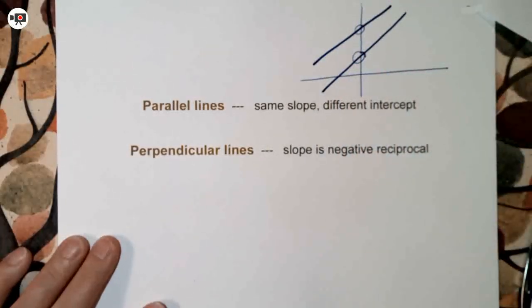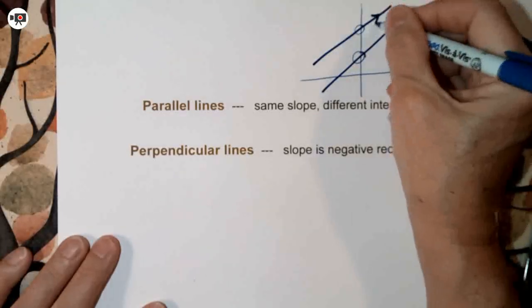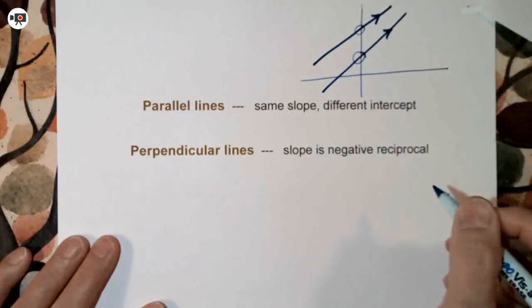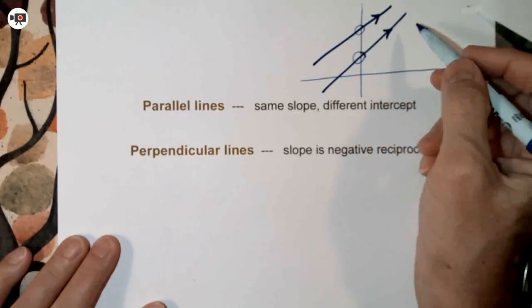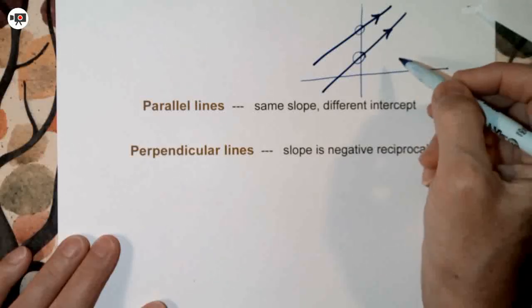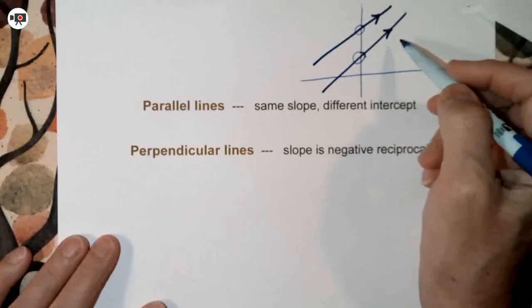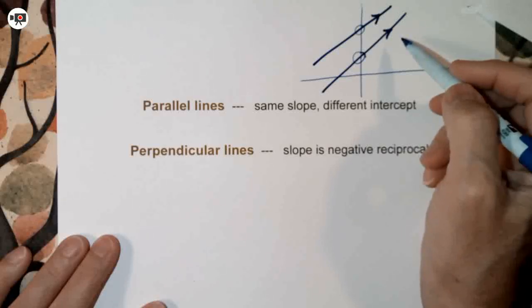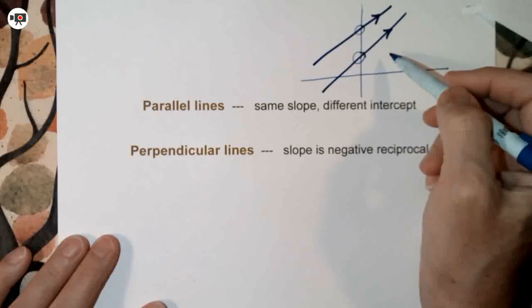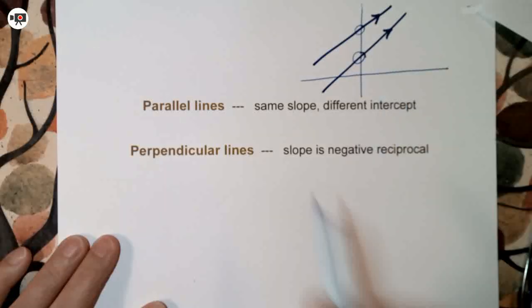To show that they're parallel, we mark them with the same marking, an arrow showing they're going the same way. Now see this is drawn crooked? The rule is, if it's marked parallel, it's parallel, even if they look crooked. We go with the markings because I was just too sloppy when I drew it.